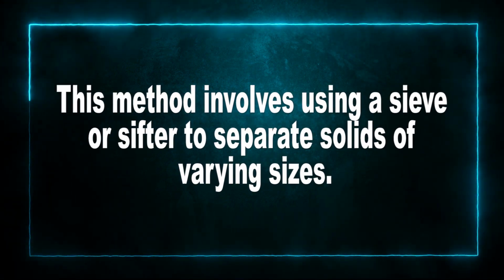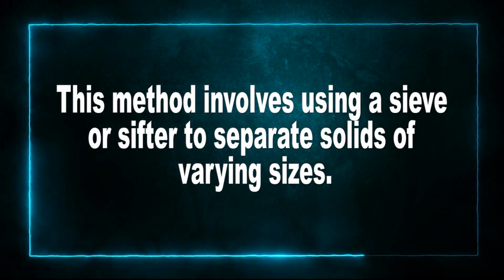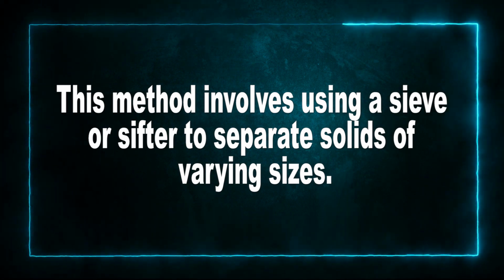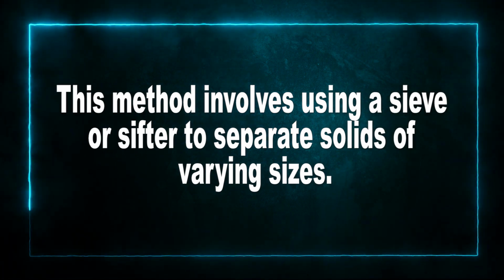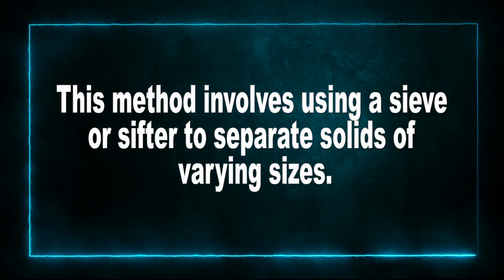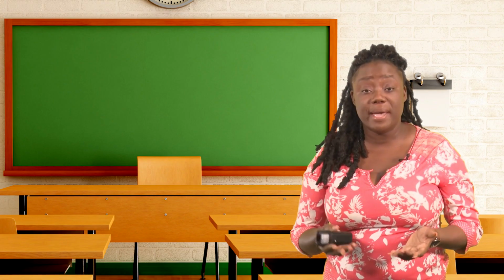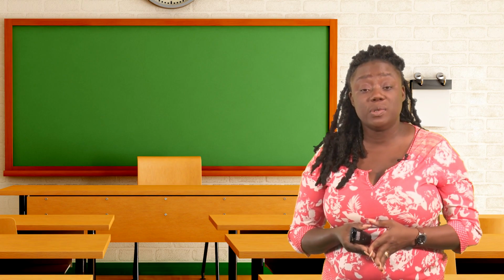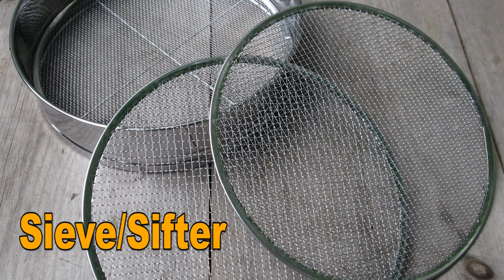This method involves using a sieve or a sifter to separate solids of varying sizes. A sieve or a sifter is a device that has a net on the inside and it separates solids of varying sizes.